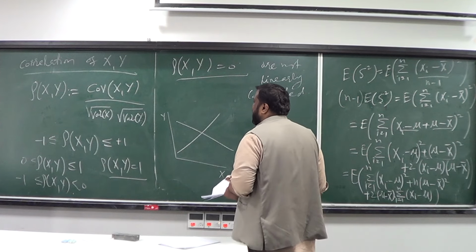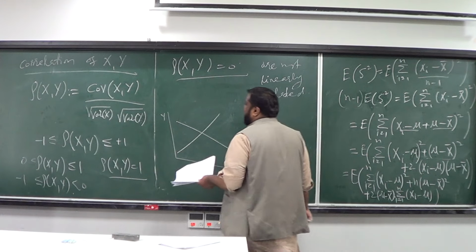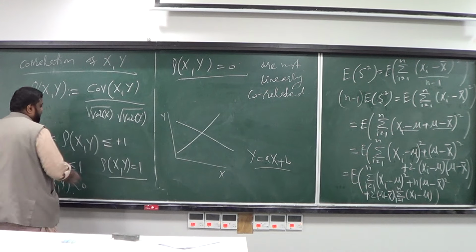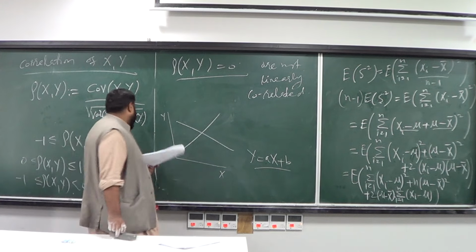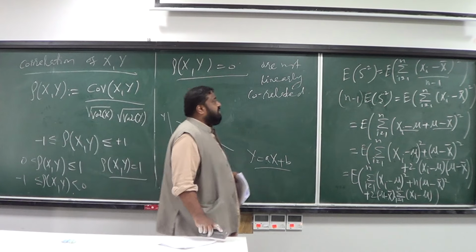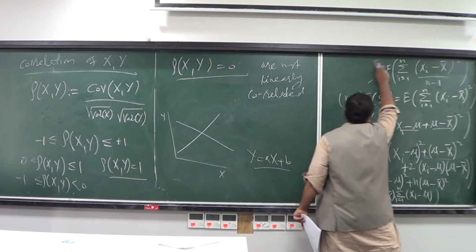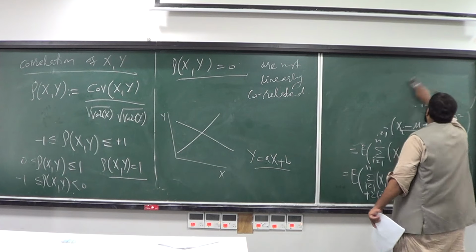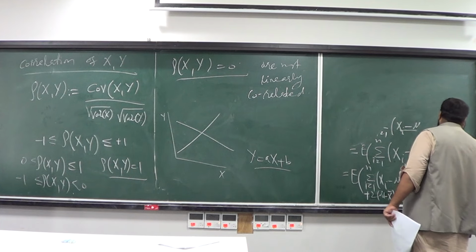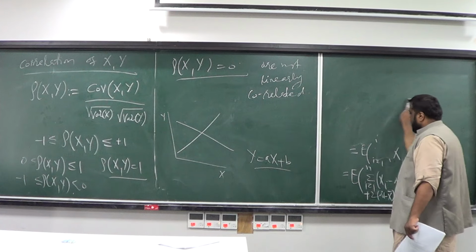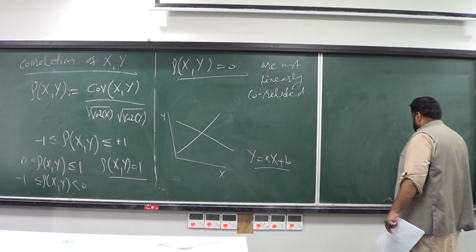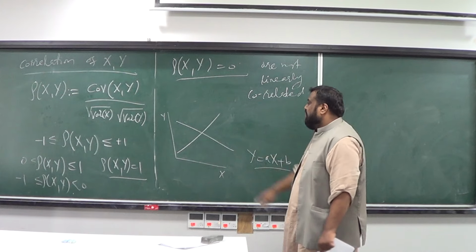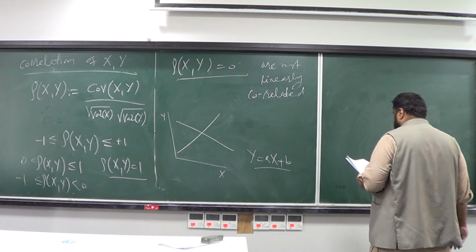You can also check that it's not difficult to see why this correlation coefficient lives between, for example, positive 1 and negative 1. For example, I can take one side and show that the correlation coefficient is less than or equal to plus 1.